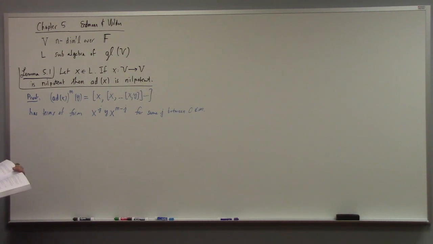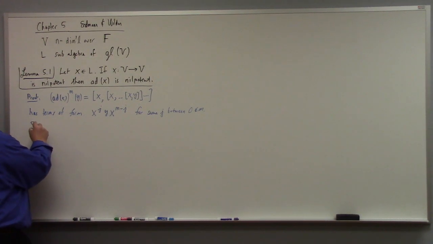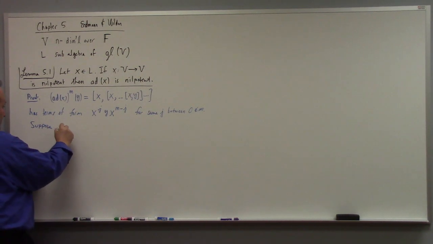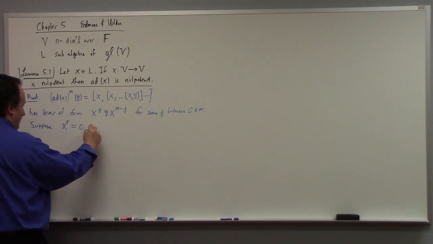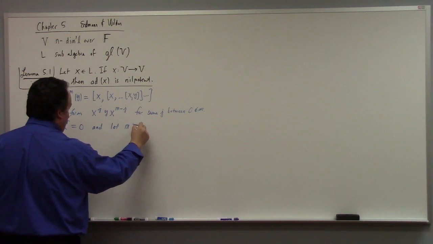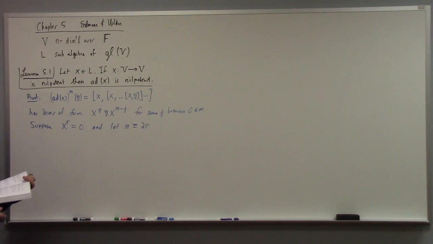He gives the specific formula for m equals 2 here. He says, suppose that X to the r is equal to 0. So why can we assume that? That's what it means for X to be nilpotent. It means that if we compose it with itself enough times, we get 0.